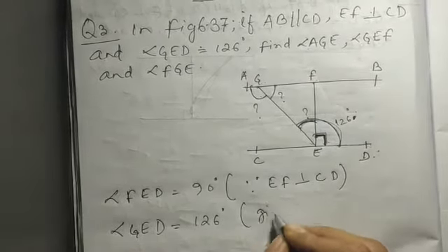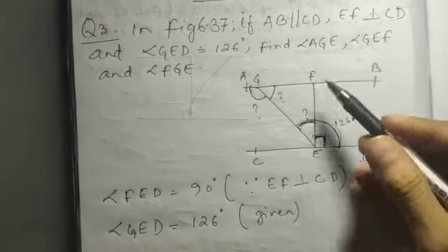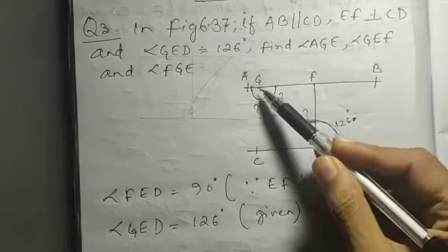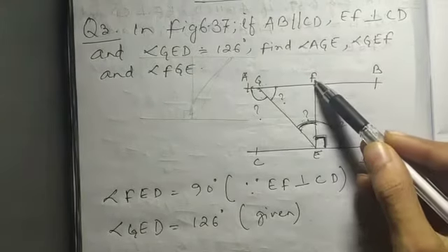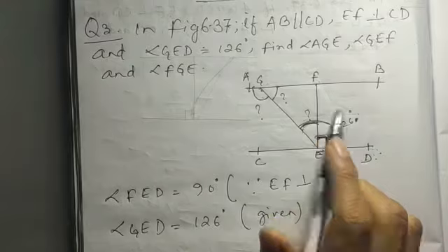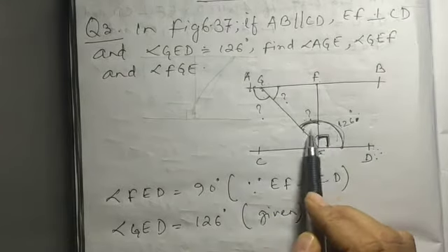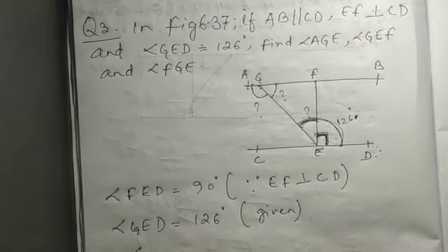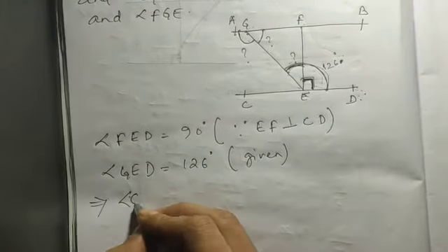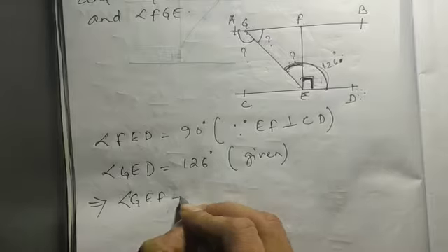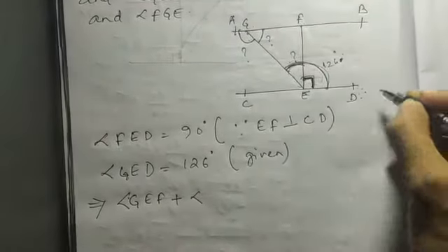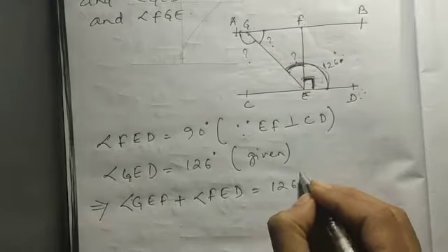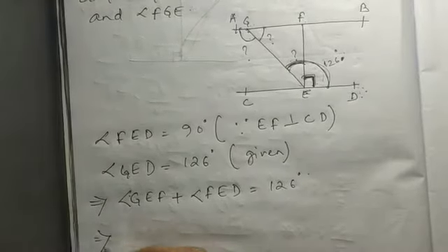This is given, right? Now what we can see, the GED can be broken down into two angles, GEF and FED. So in place of GED I am writing GEF plus angle FED, that is equal to 126 degrees.